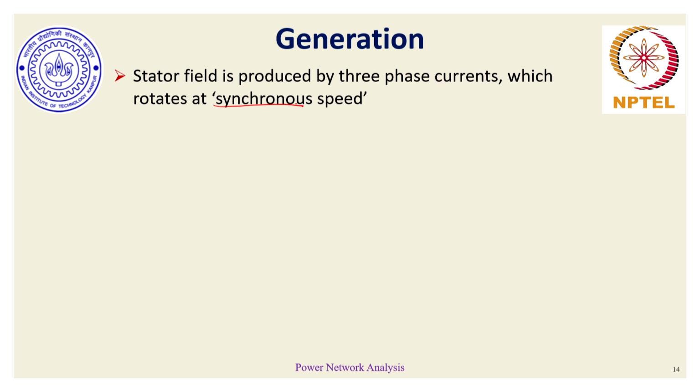The stator field in the air gap rotates at the synchronous speed, and the same is true for the rotor. The rotor, being a DC circuit supply, also rotates at synchronous speed. So the rotor field and stator field in the synchronous generator both rotate at the synchronous speed, and they are essentially locked to each other.